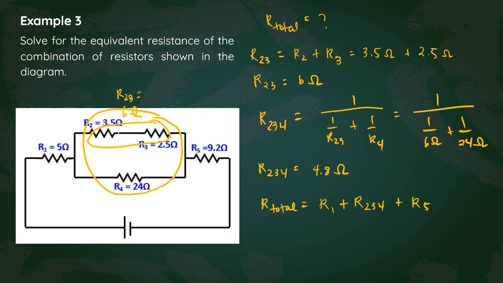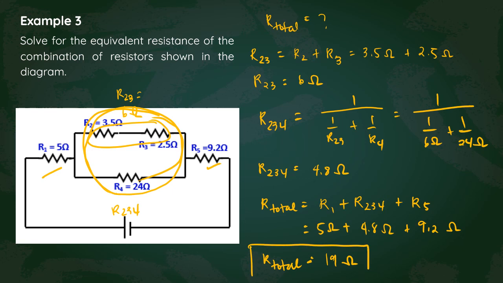Substituting your values, that's 5 ohms plus R234 which is 4.8 ohms and R5 which is 9.2 ohms. Therefore, the equivalent resistance of this circuit is 19 ohms. There. So that's your equivalent resistance.